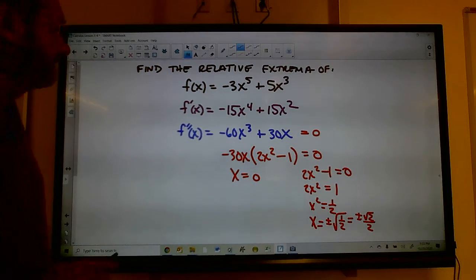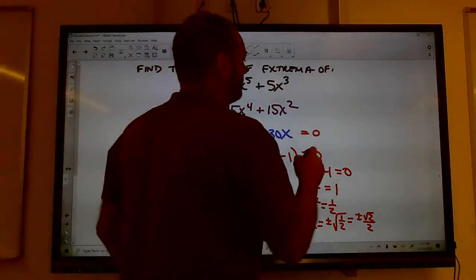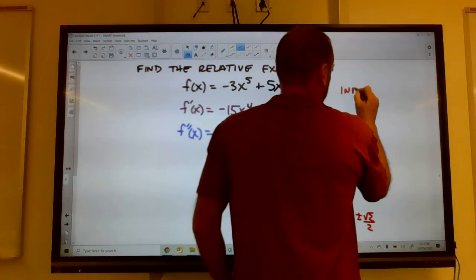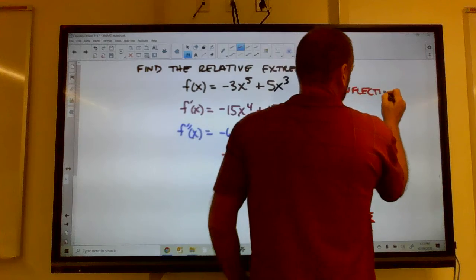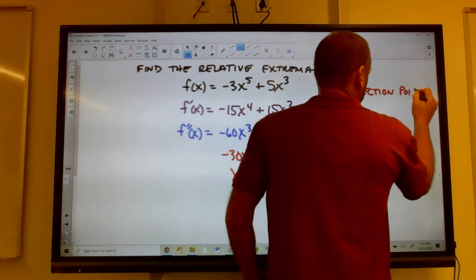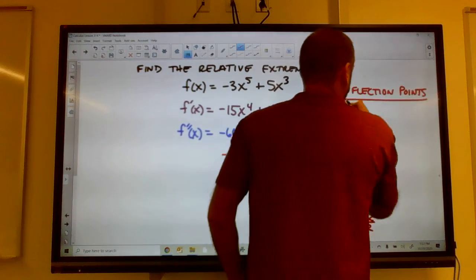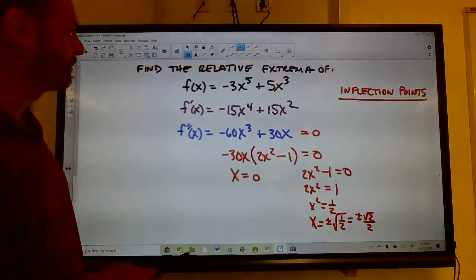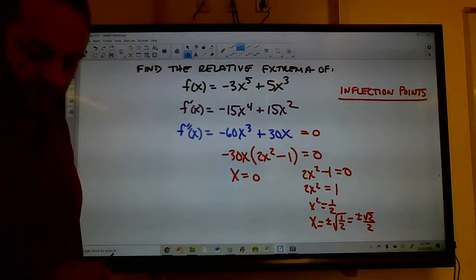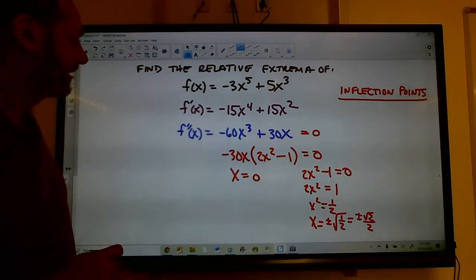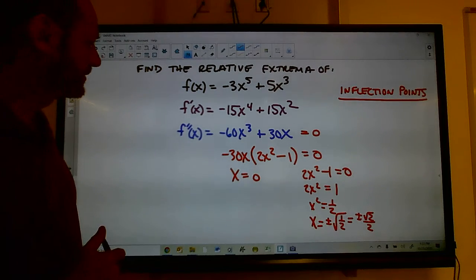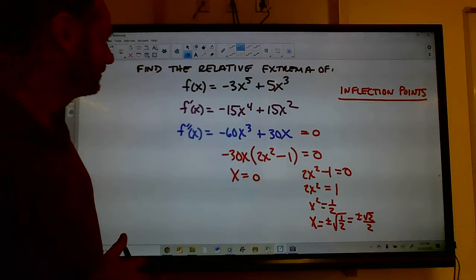If I want to find those inflection points, I'm going to take those 3 points and plug them back into the original equation and figure out what those are. The easiest one is going to be 0, 0.